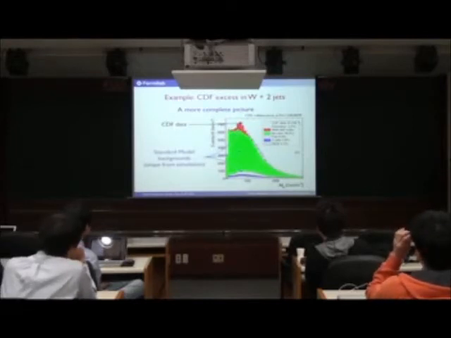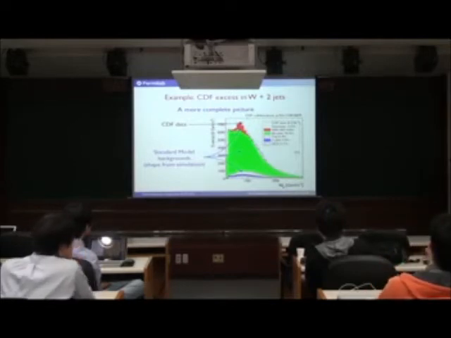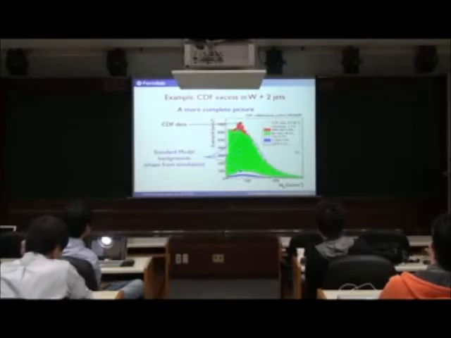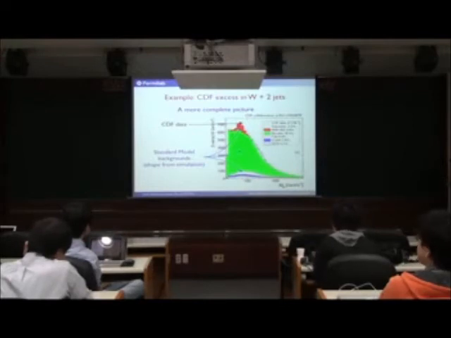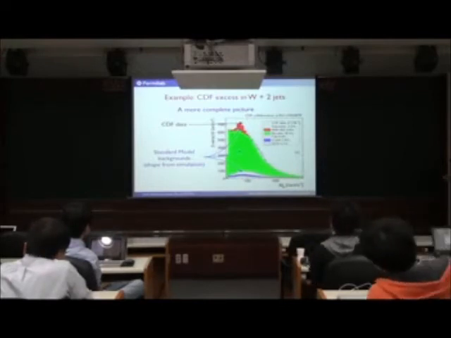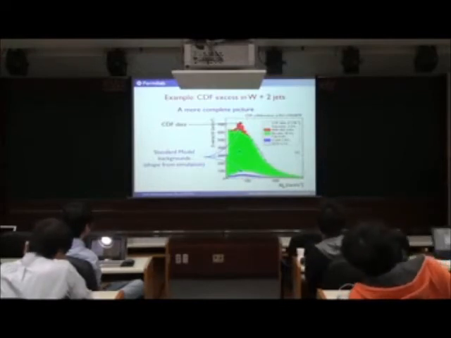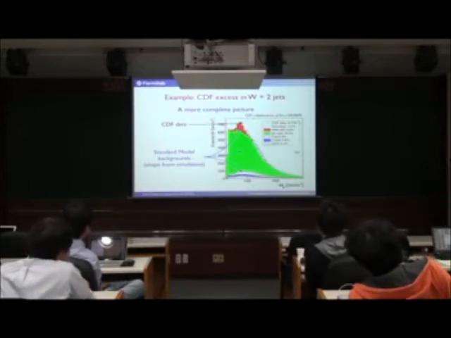The normalization is given by the data, but the shapes are all given by a simulation. You can see the WW background here in red, the W plus jets background, the big green one here, then top, T plus jets, and some residual QCD background. As you can see, the main background here is W plus jets.